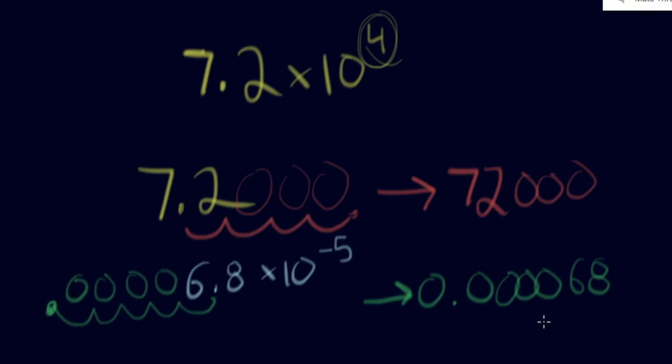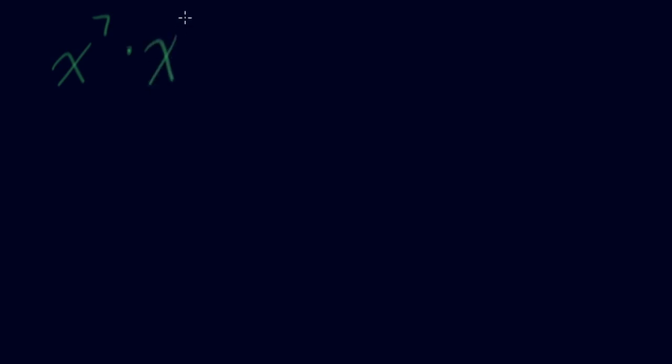Now we also need to talk about multiplying and dividing. What's that looking like? So we gotta take a look at that. When we're multiplying our scientific notation, we have to remember a couple of things. One thing is when you're multiplying things that have the same base, so x to the 7th times x to the 5th, that would be x to the 7 plus 5, because we add the exponents.